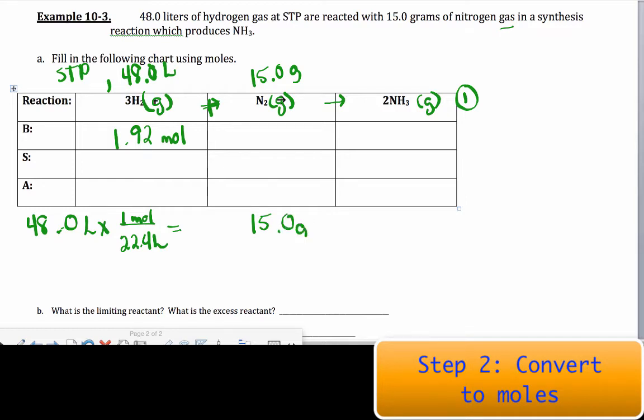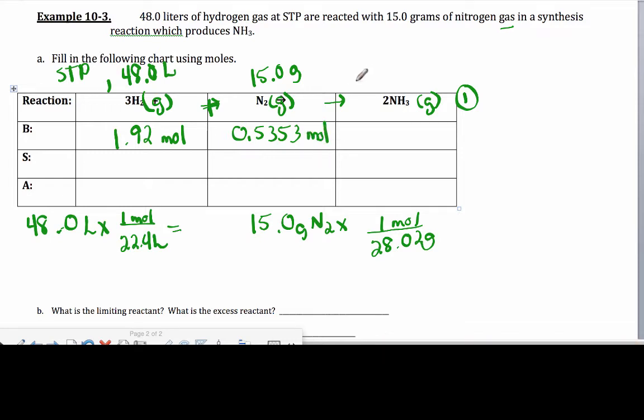Don't forget that it is diatomic, so you have to have a molar mass that is double what you get from the periodic table, or 28.02 grams. And if I do that, I have 0.5353.